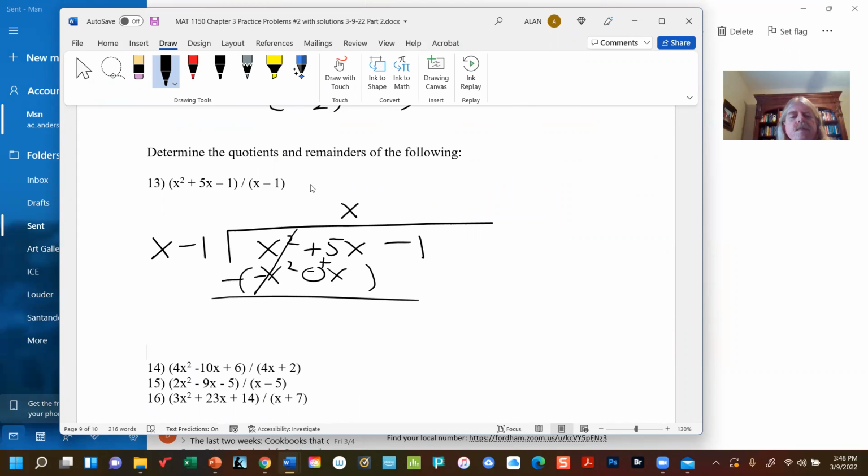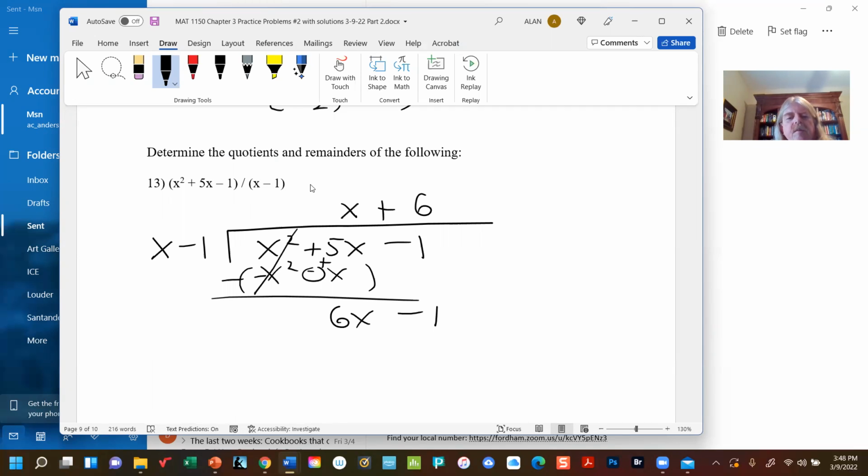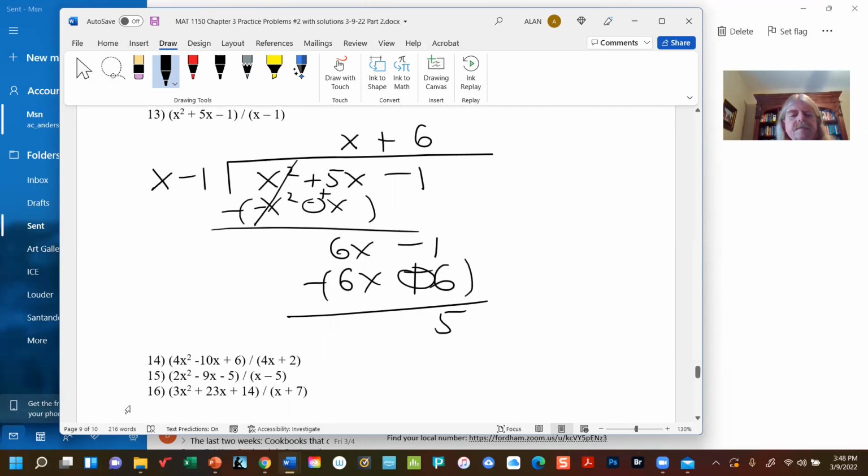These cancel. And I've got 6x minus 1. So what I'm going to do is put plus 6 here. And when I multiply that by x minus 1, I'll get 6x minus 6. When I subtract, I've got 5.